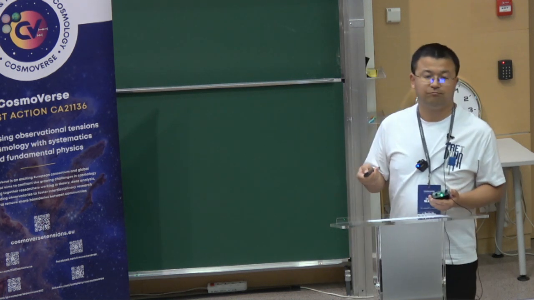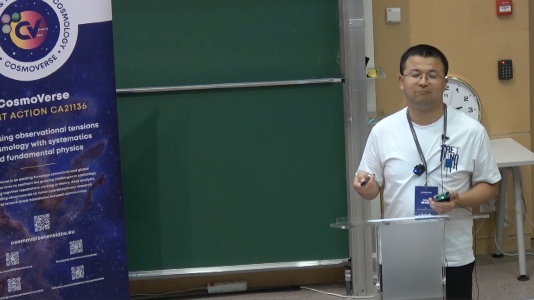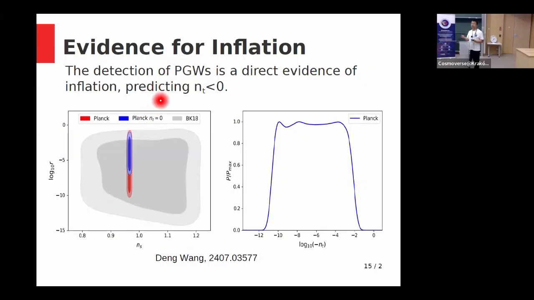And so once again, if my results are correct, this will be the first direct evidence of inflation, because inflation predicts the tensor spectral index is smaller than 0. And here I plot the tensor spectral index in log space. You can find it will be smaller than 0.